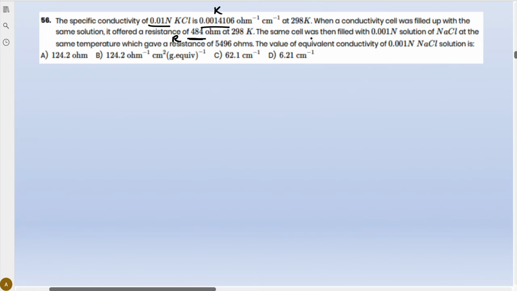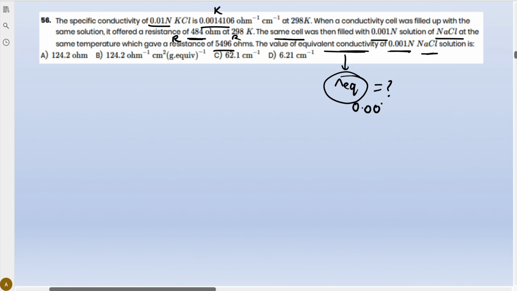If the same cell, meaning the same cell constant, is filled with NaCl solution at the same temperature, it gives a resistance of this much. So R will become this. Calculate the value of equivalent conductivity of 0.01 mole NaCl. Equivalent conductivity means lambda EQ, you need to calculate for 0.01 normal NaCl.